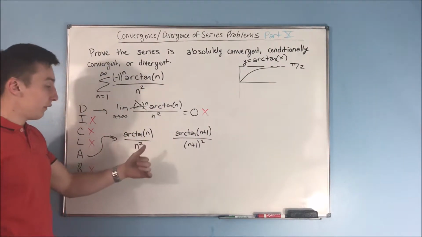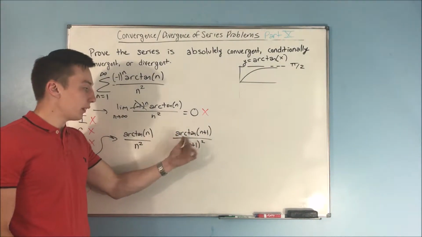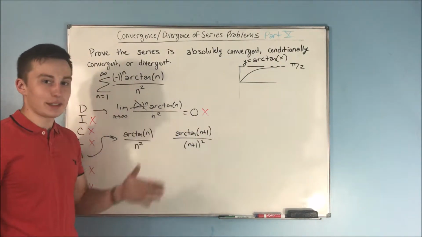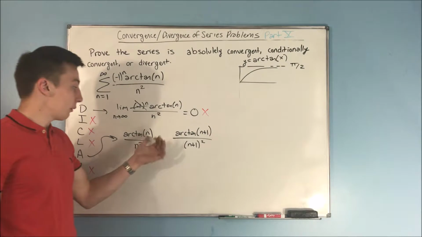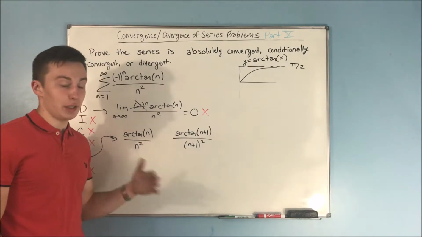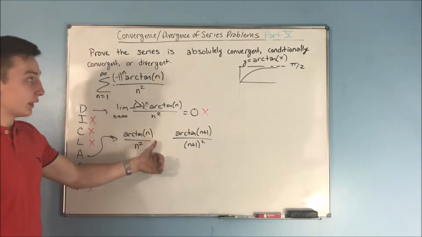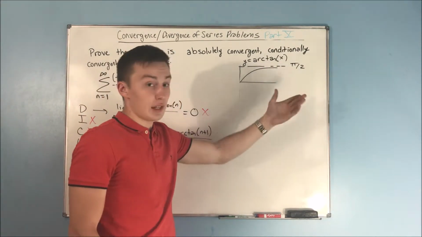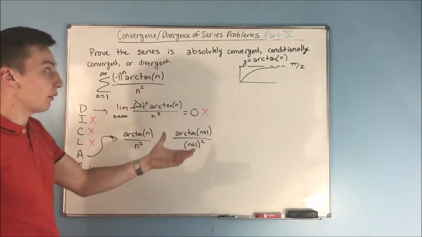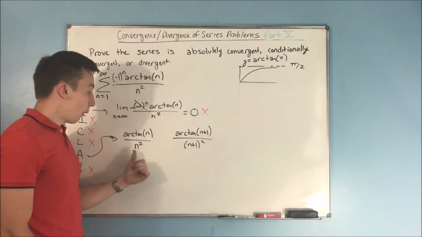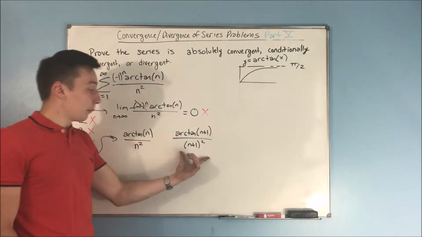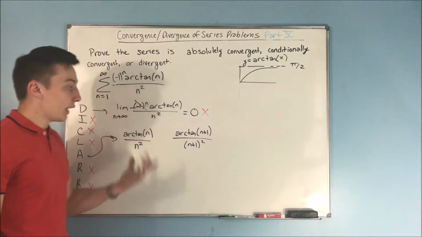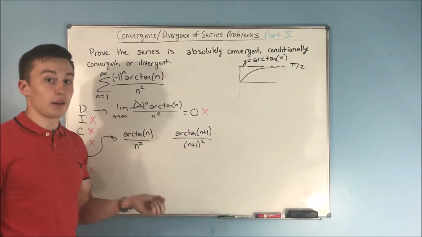Comparing arctan of n to arctan of n plus 1, you're not changing much, especially later on in the arctan graph. However, the n squared and n plus 1 quantity squared is definitely going to be the bigger difference.